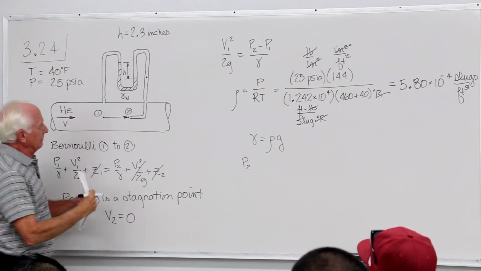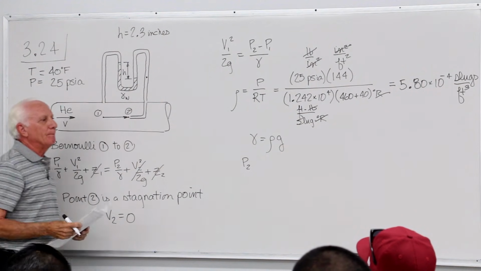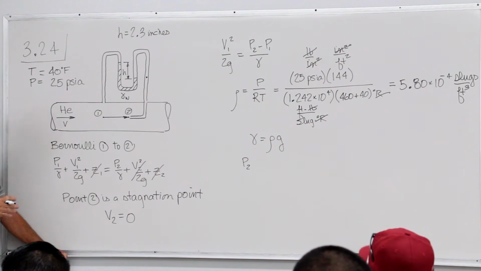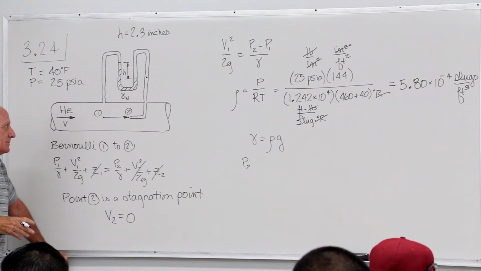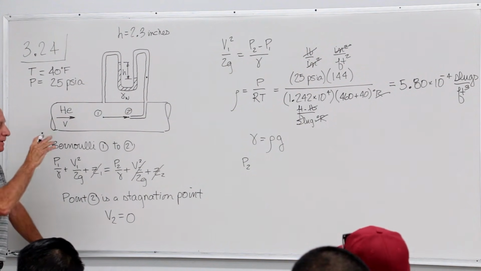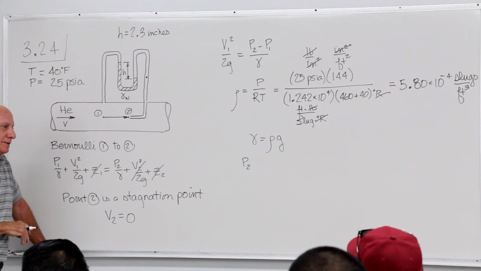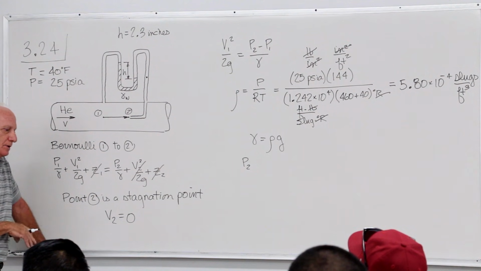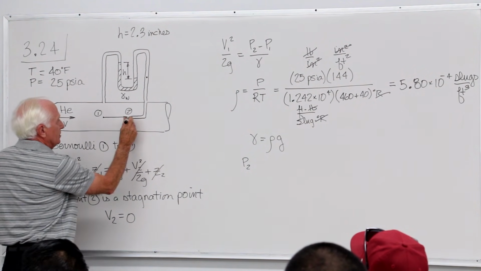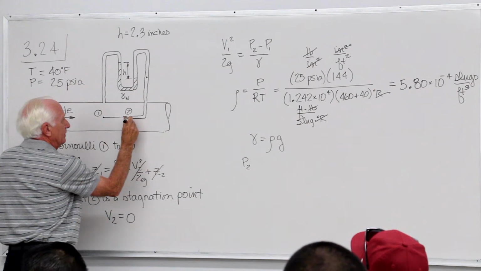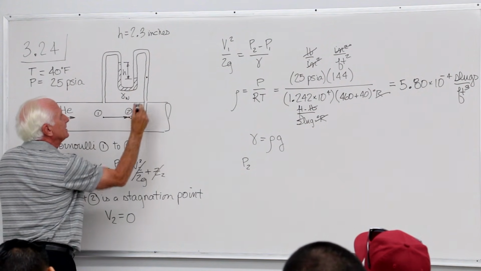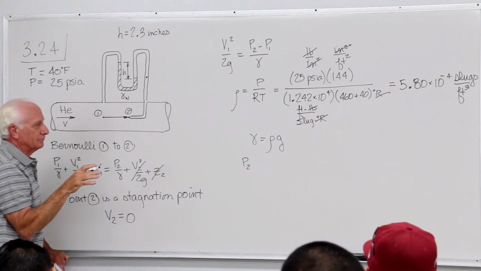Minus gamma helium times that distance. But don't forget what we said in chapter 2. If you've got a gas and a liquid in this manometer, you can neglect the density of the gas compared to the liquid. So we're going to say the pressure at 2 in the helium right here is the same as it is there.